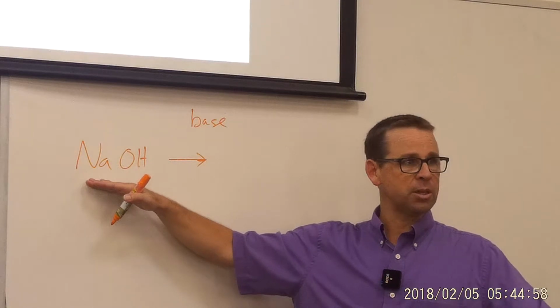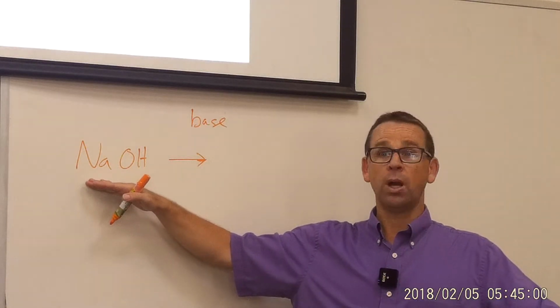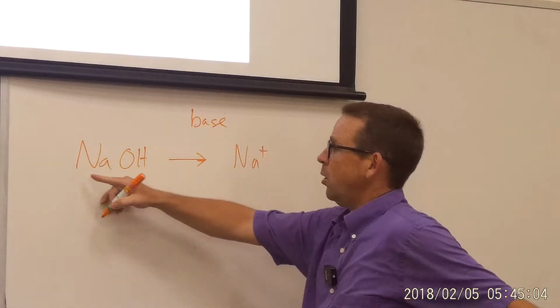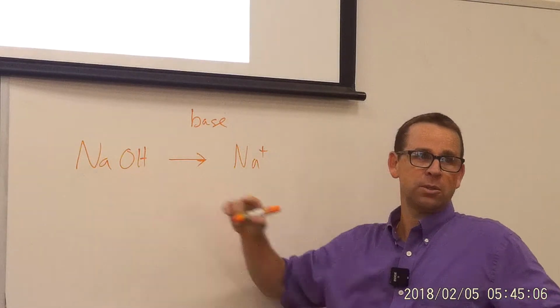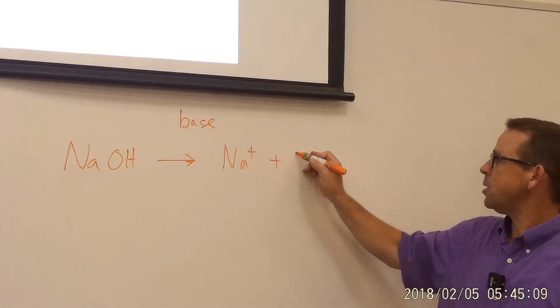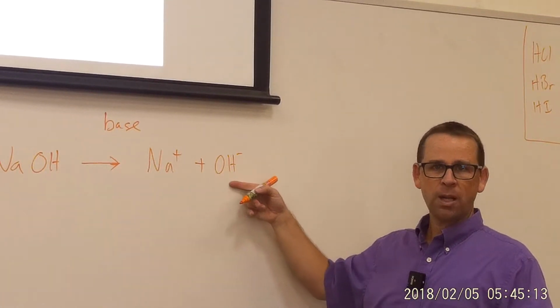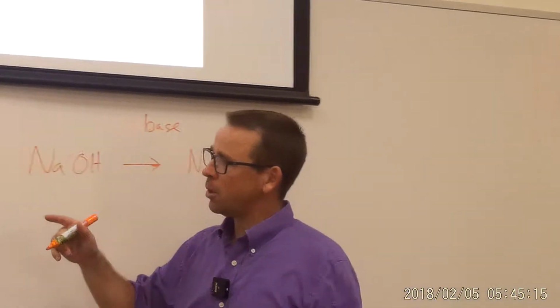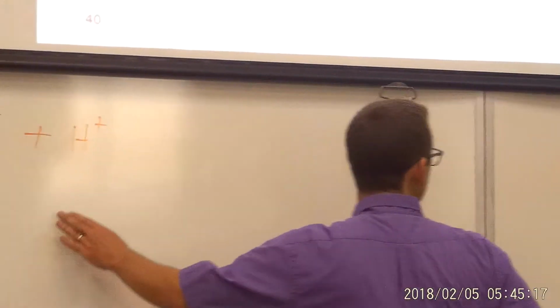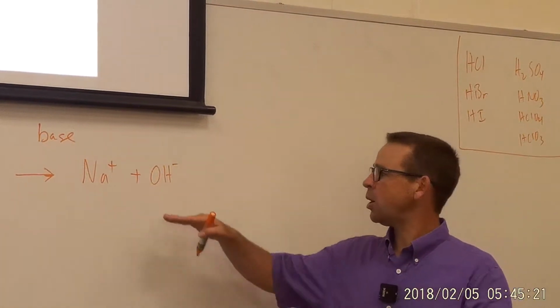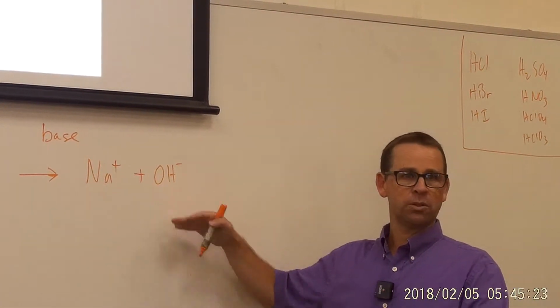What's the rule in my solubility tables? Rule 1 says it's going to be soluble, which says that all first group metals are always soluble. Therefore, when I put this into water, I'm going to get the hydroxide ion. That's the other side of a water molecule. A proton and a hydroxide ion come together to form a water molecule. So a base is a compound you put into water, and the hydroxide ion results.